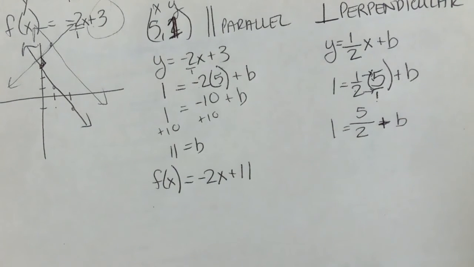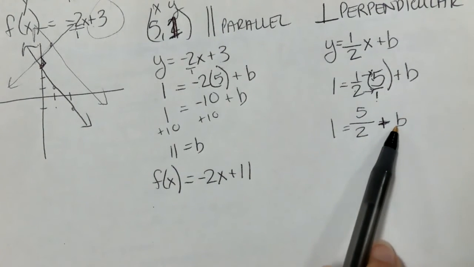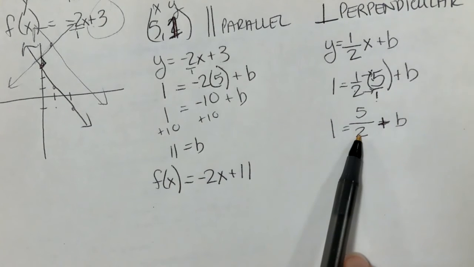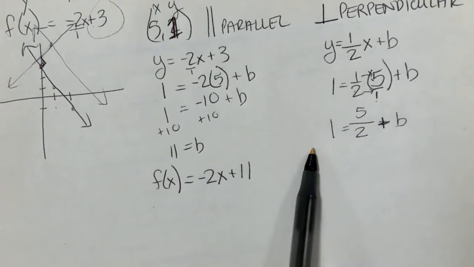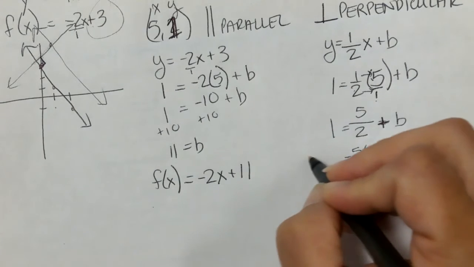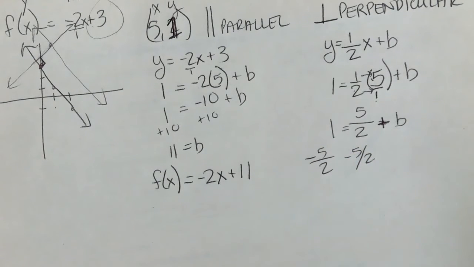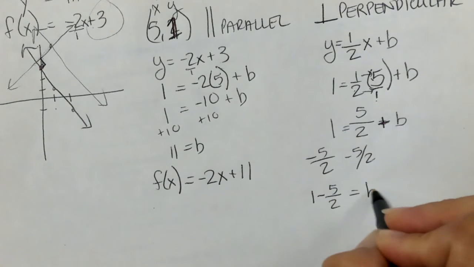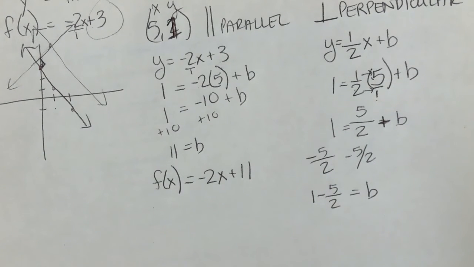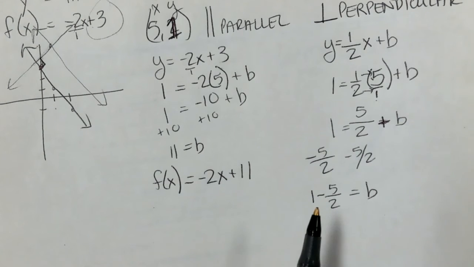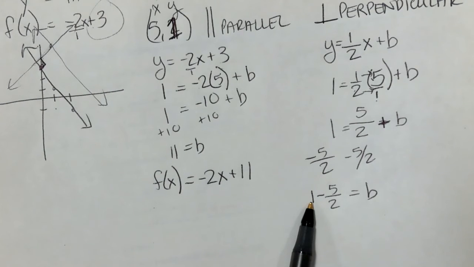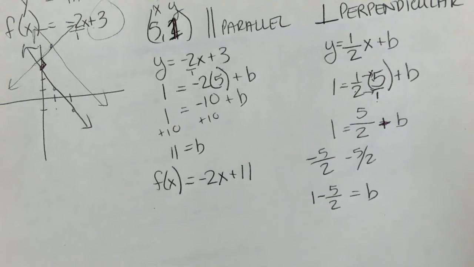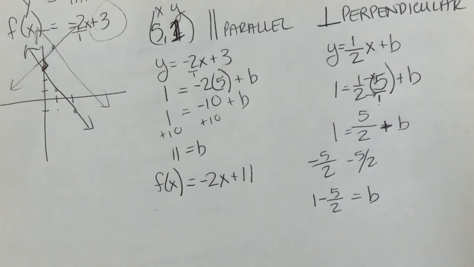There we go. Okay, so now we need to get our variable here by itself. So to do that, we need to subtract this 5/2 to the other side. So now we have 1 minus 5/2 equals b. So to solve for this, what we need to do is take this 1 and turn it into a fraction.